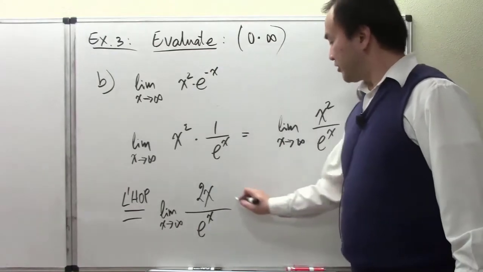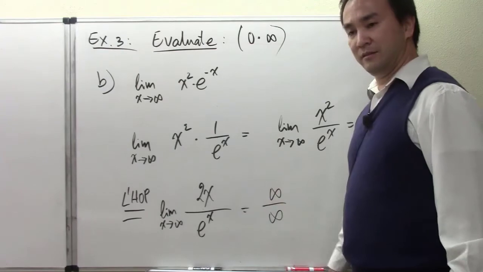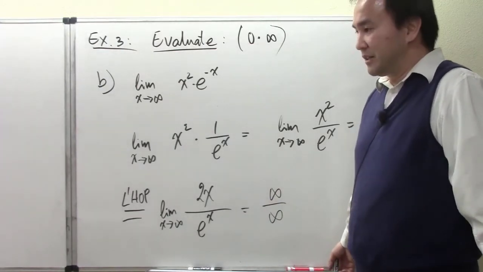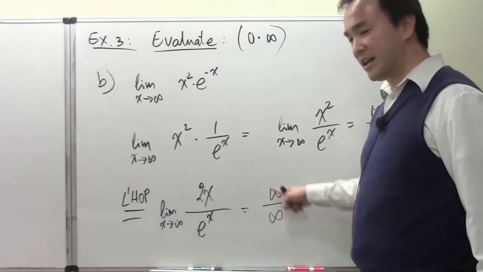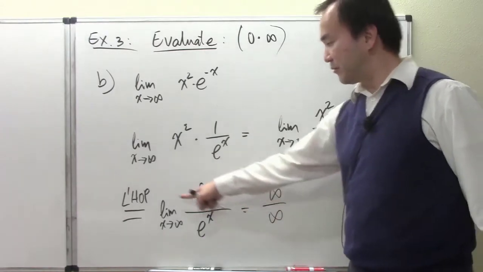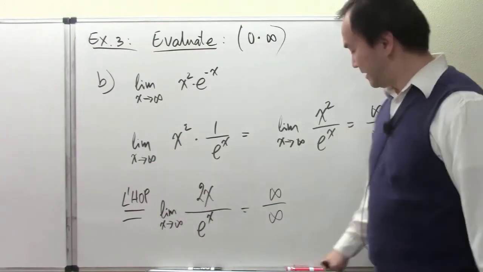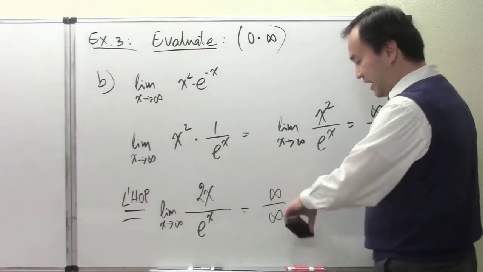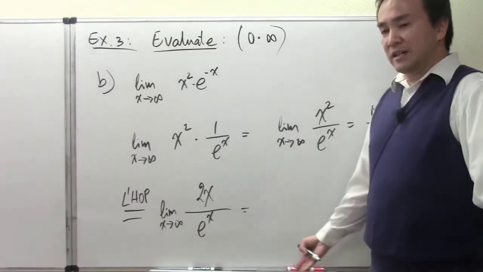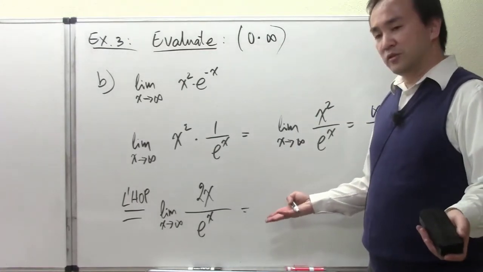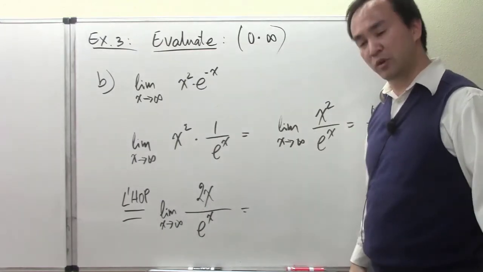But unfortunately, this work so far is still giving me infinity over infinity. That means, very similar to the example I introduced way earlier, if we run into an indeterminate form again after we already used L'Hopital's rule once, we apply L'Hopital's rule again. Because here we're still looking at an indeterminate form, and we can use L'Hopital's rule not only once, as many times as we want.